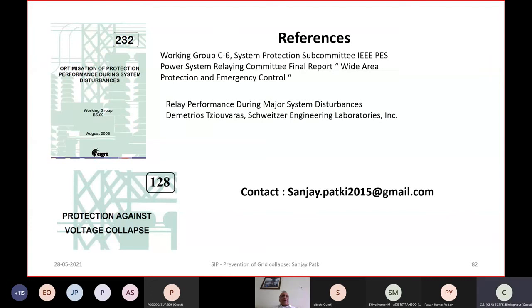The sub-transient period lasts for 20 to 30 milliseconds or at the most 40 milliseconds. So at least for 2 cycles, you should not try to open the breaker. Circuit breaker opening time is normally 2 cycles. Even after the high speed relay command goes, there will be a 20 millisecond delay in terms of interruption. Of course, after the circuit breaker opens, it will again wait for current zero to take place.